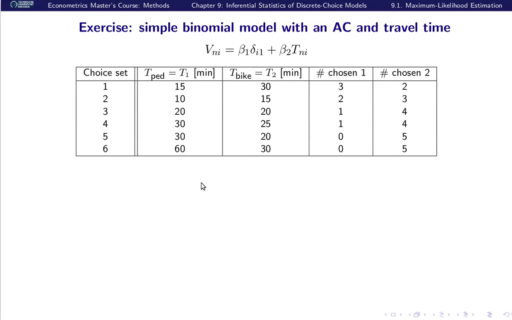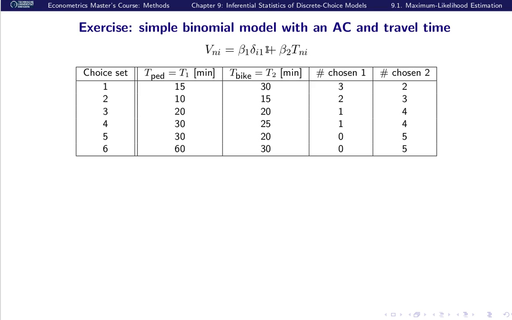So now we come to a real exercise with an actual exogenous variable. In the simplest possible case, binary decision, pedestrian and bike. So for some short errand, for example, go to a bakery, do I walk or do I use the bike?